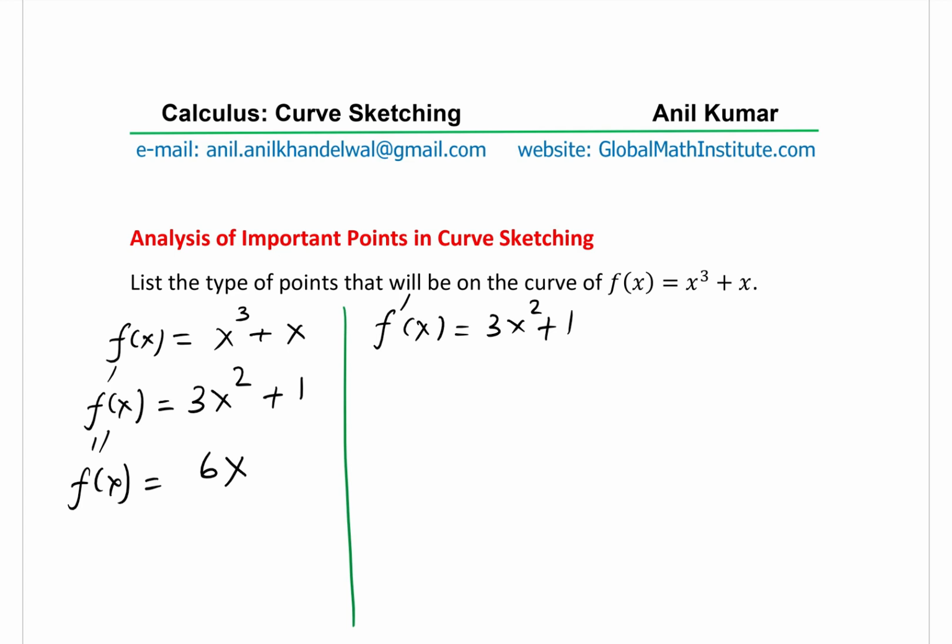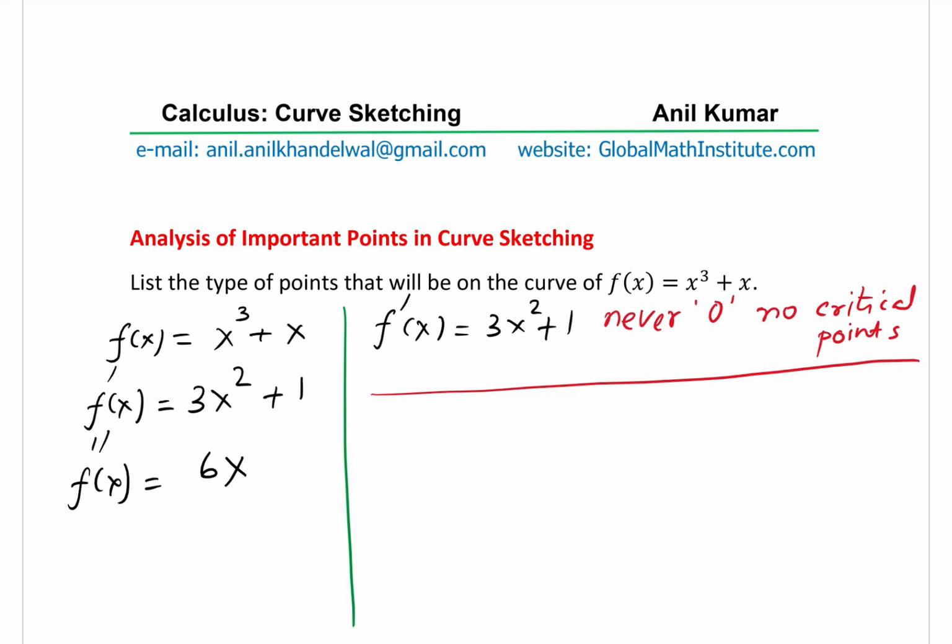It has no critical points, right? It is never 0, and therefore we have no critical points. Very important to understand that this function does not have any critical point. That means we do not have a saddle point.